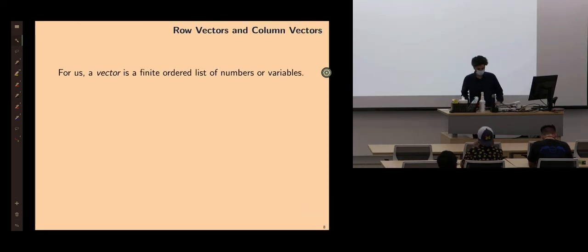So let's talk about a vector. A vector is a finite ordered list of numbers or variables. So there is an end to it. It's finite. It cannot be infinitely long, right? So there is a specific size for that vector, and that is always what we mean when we say vector.